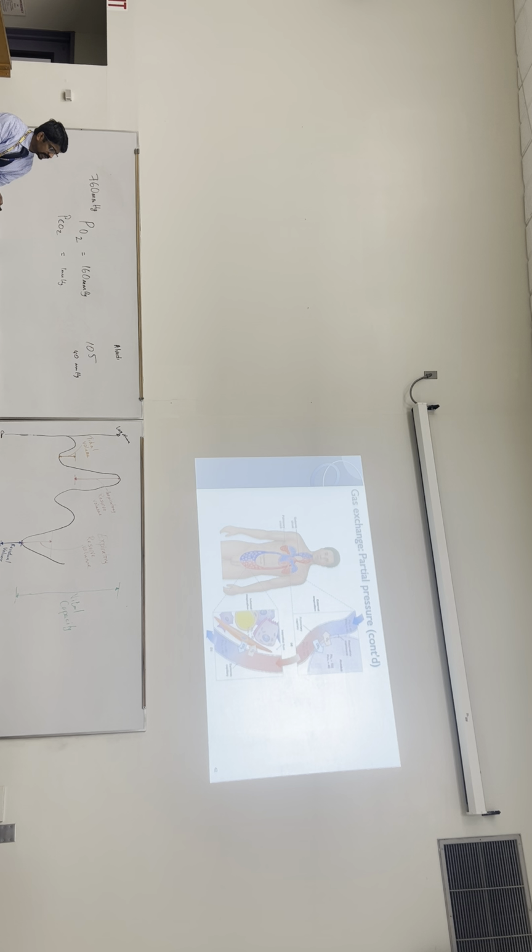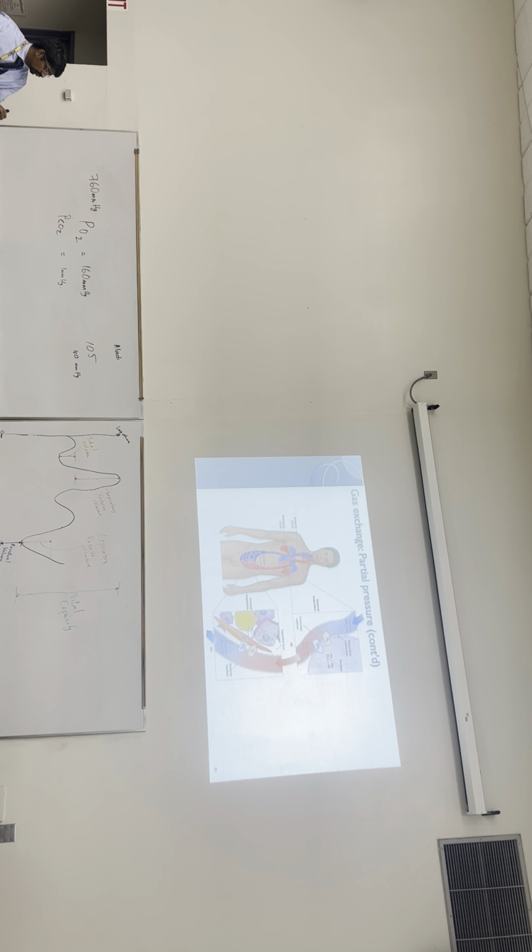So here is the blood, same blood that's coming here, but in tissues, PO2 is about 40, PCO2 is 45. Okay? So we have CO2 from the tissues going to the blood, oxygen from the blood going to the tissues. When it leaves the systemic veins, it looks like that. Similar to it arrives at the lungs through the pulmonary arteries.